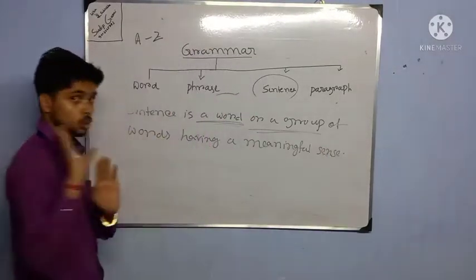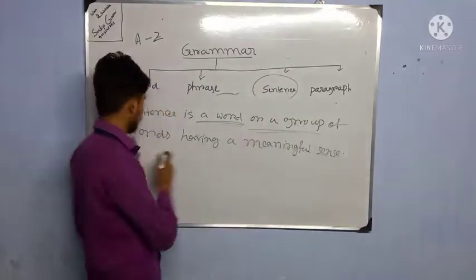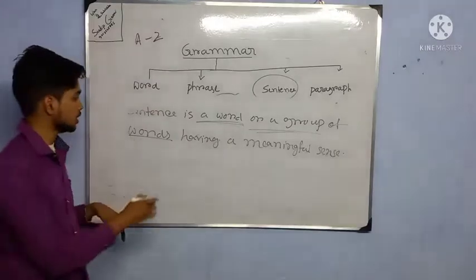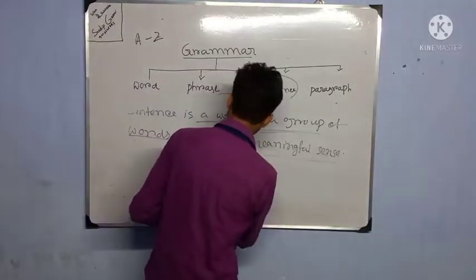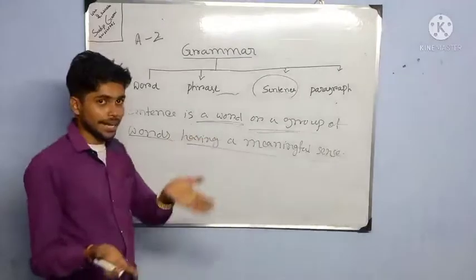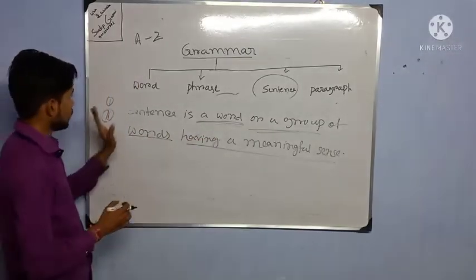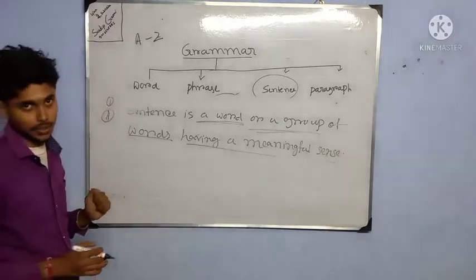So there are two conditions. One condition is a word or a group of words, and the second is having a meaningful sense. So now I am giving you an example, so it will be very easy for you to understand what actually a sentence is.